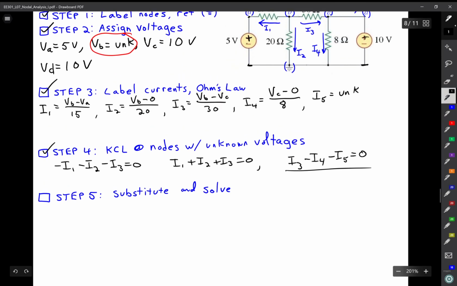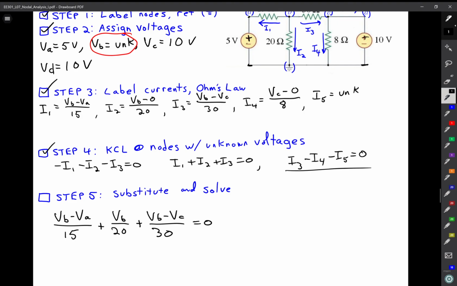Let's take a look at the equation: I1 is VB minus VA divided by 15, plus VB over 20, plus VB minus VC divided by 30 equals 0.